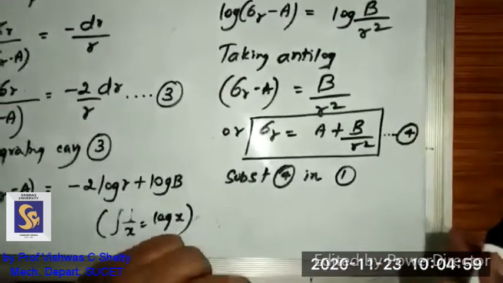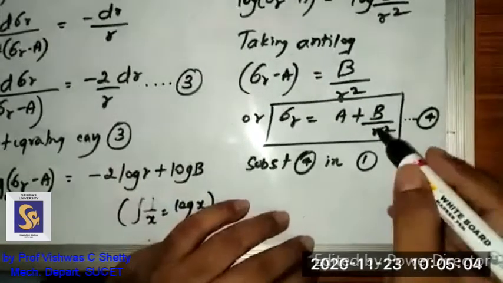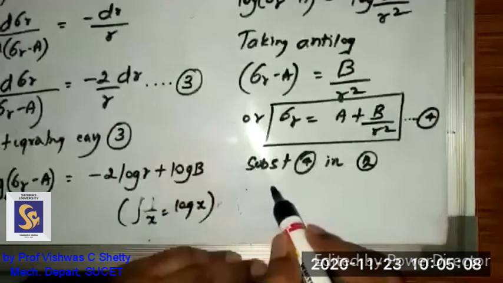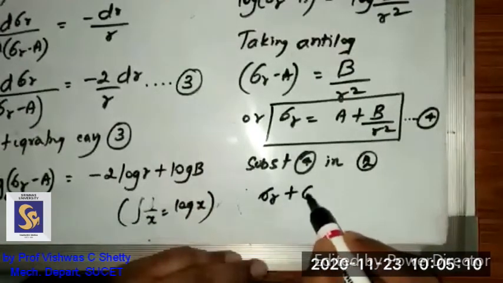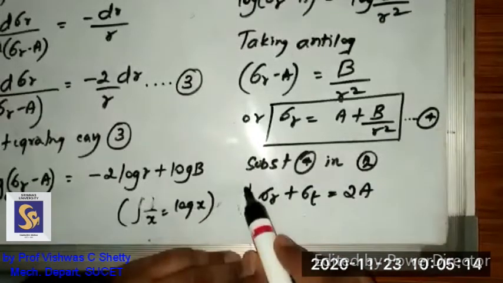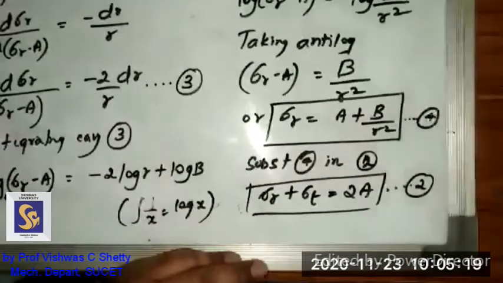Now substitute equation number 4 back. Not equation number 1, sorry, equation number 2. Do you remember equation number 2? Sigma r plus sigma t equals 2a. This is equation number 2.